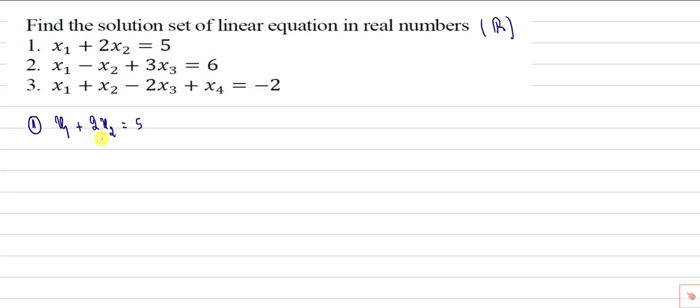To solve this equation, we should know how many equations this exercise has and how many unknowns.